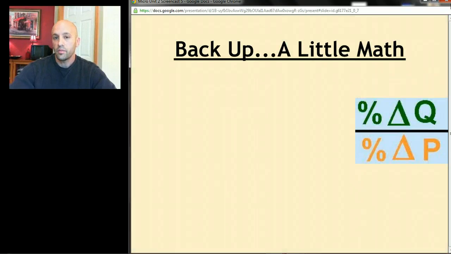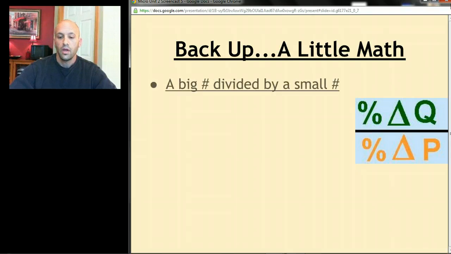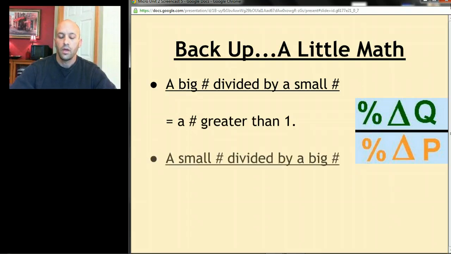Now let's back up a little bit and remember a little math that you may once have known. If you take a big number and divide it by a small number, like 1,000 divided by the number 1, you're going to wind up getting a big number, a number greater than 1. If you take a small number, like 1, and divide it by a big number, like 1,000, you're going to get a small number.